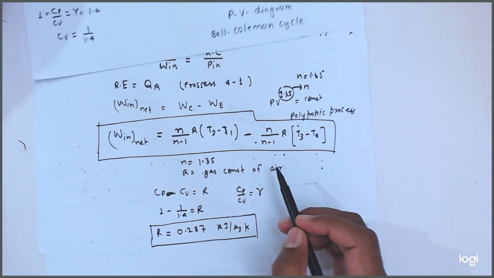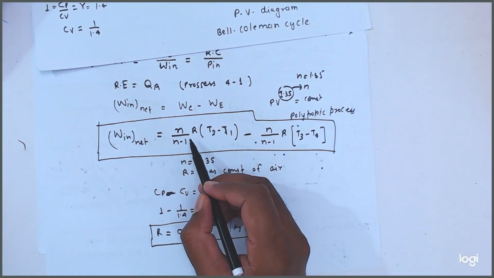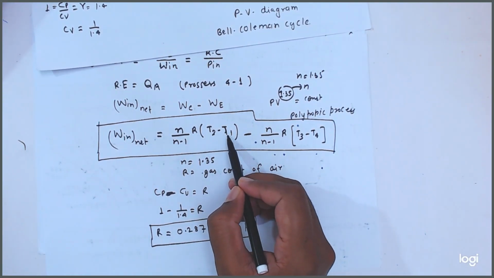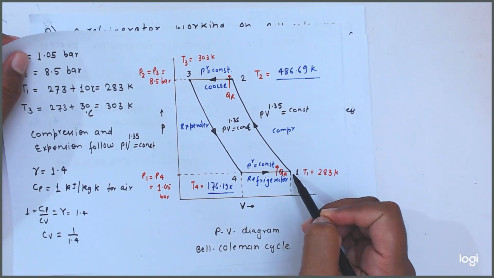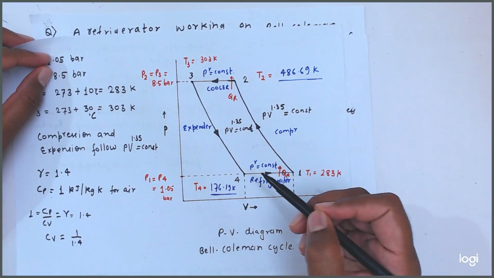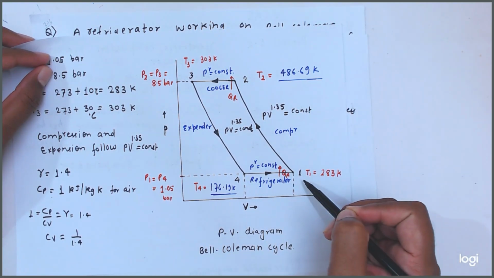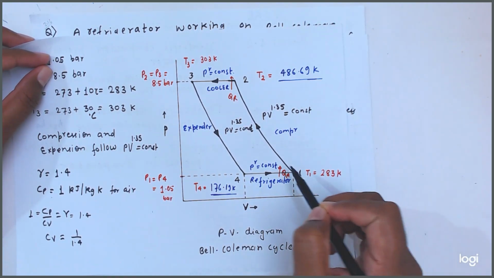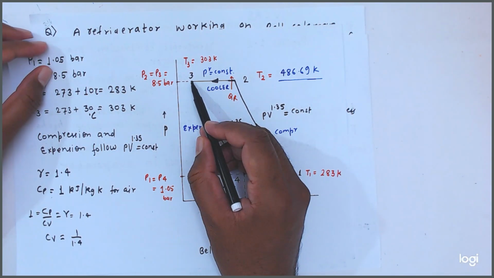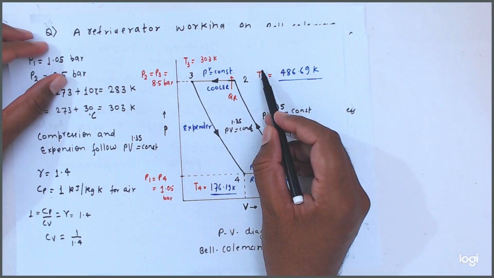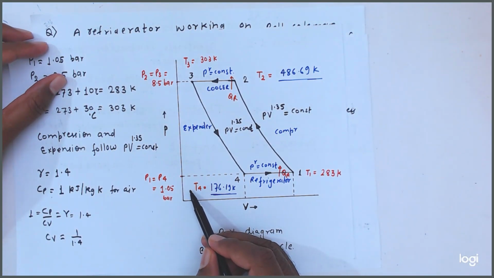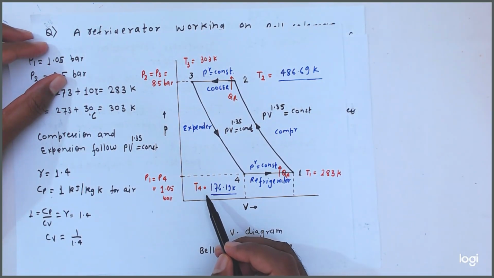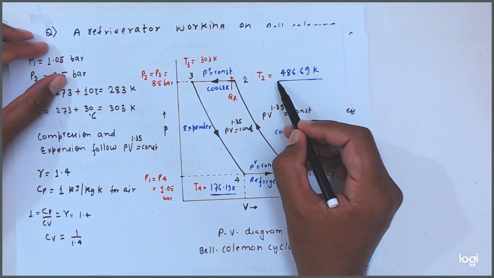Because here you see friends, net work done will give this T2 minus T1 and T3 minus T4. So this is T1, this is T2, this is T3 and this is T4. We know only this T1 value and the T3 value, but we don't know the value of T2 and T4. After solving, we will find these values.